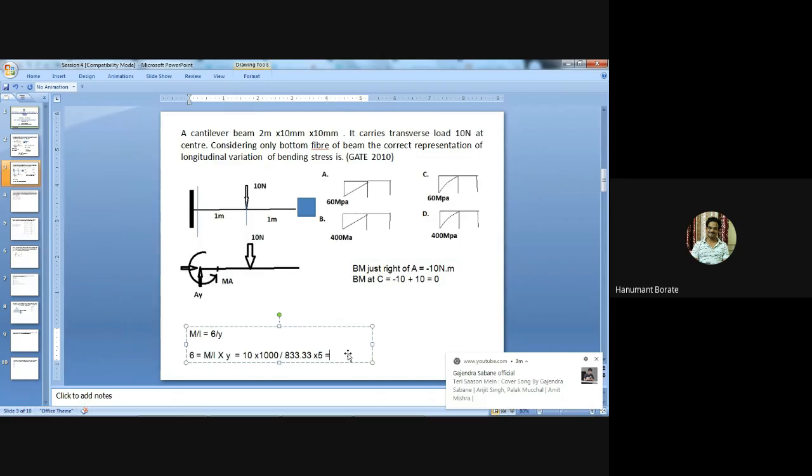So the answer: 10 into 1000 divided by 833.33 into 5. The answer shows 2.40.